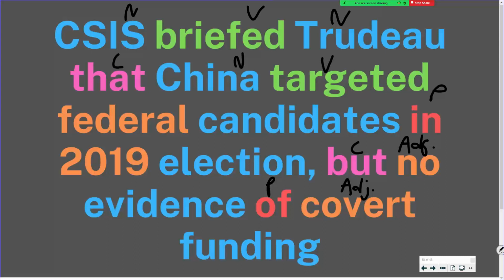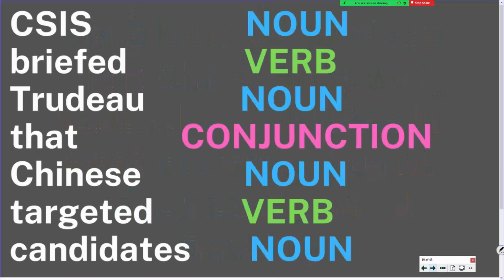So CSIS is sort of like our combined FBI and CIA, and they are responsible for identifying threats within Canada. And in this example, they're looking at threats that are coming from outside of Canada. So CSIS is a noun. It's an acronym. It's a short form.